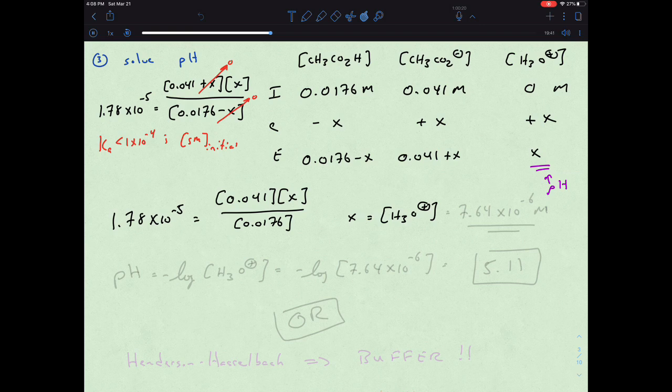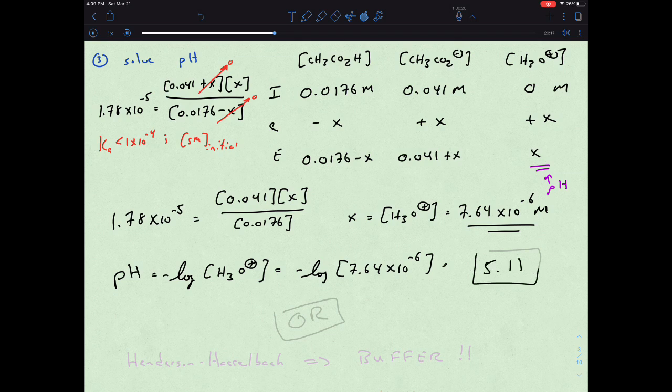And so our X value here is equal to 7.64 times 10 to the negative 6 molar. That allows us to set up our pH by just taking now the negative logarithm of that concentration of 7.64 times 10 to the negative 6. And that gives us a pH of 5.11. So that would be our pH for part B.